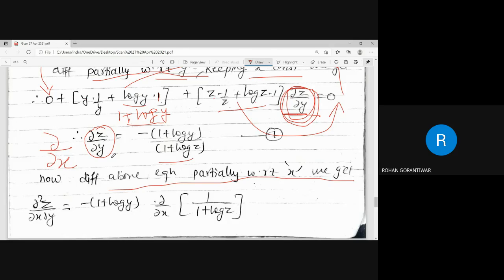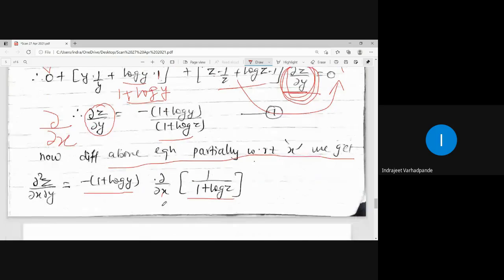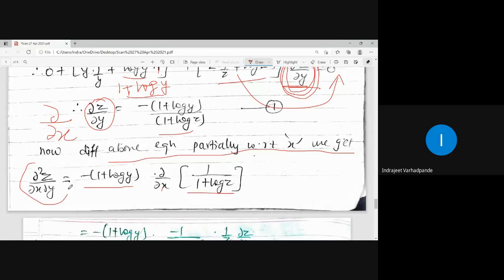Y. Will z also be treated as constant? No, sir. Z will be a differentiable function of x. So the y term is constant, derivative of 1 upon 1 plus log z. And on the left hand side, I will get del 2z by del x del y. That is the mixed partial derivative.